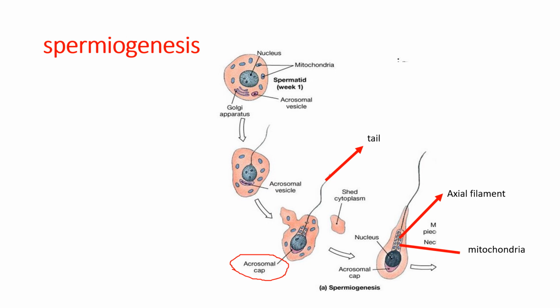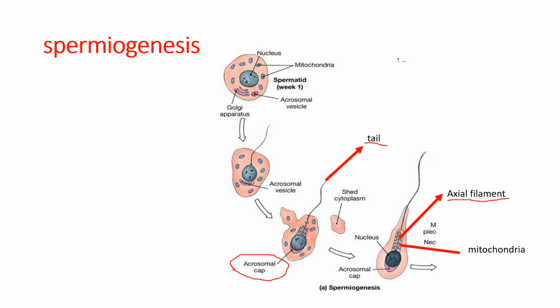Here the posterior pole is present. The centrioles differentiate into two structures, one is the tail and the other one is the axial filament.